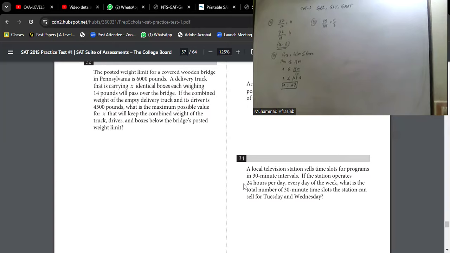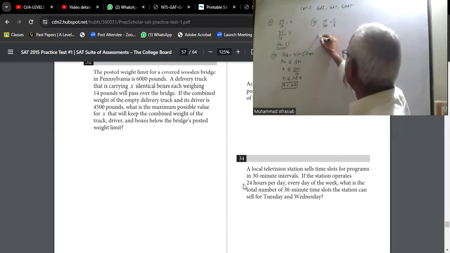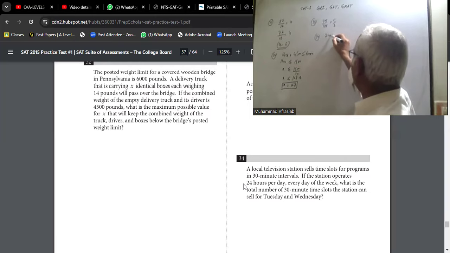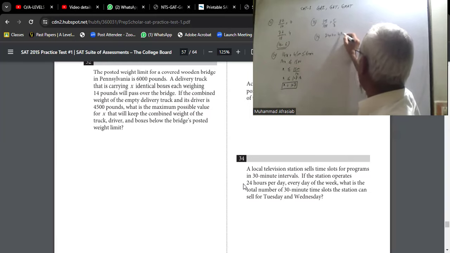24 hours per day. So if it is 24 hours per day, it is going to be divided into two parts, 30 minutes each. So that will become 48 per day. 24 times 2 is 48.